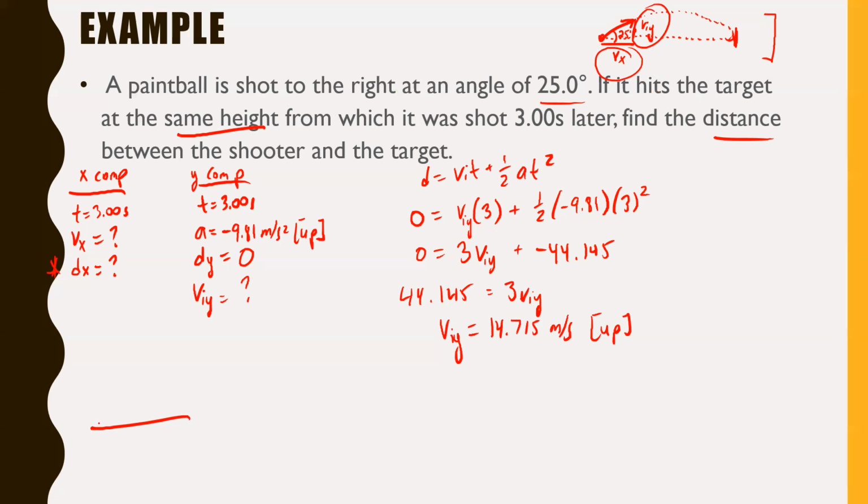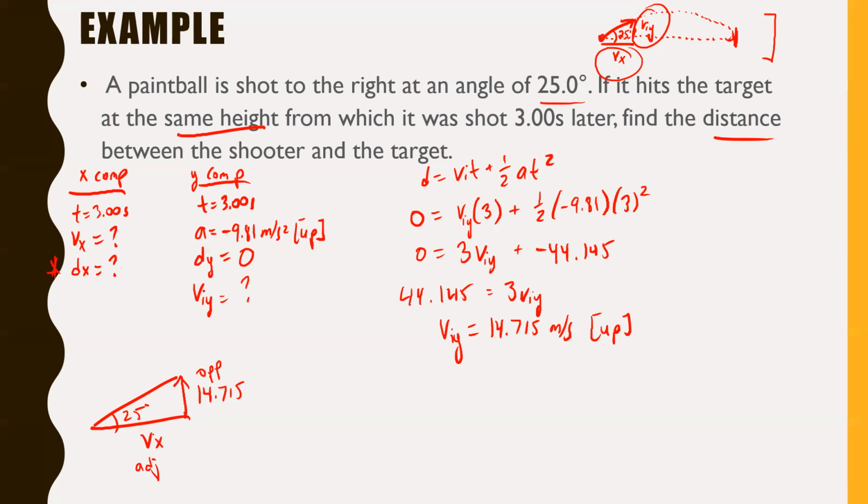If I expand that triangle down here so you can see a little better, we know that this is 14.715. We know this is Vx, actually Vx this time. And then this is 25 degrees. Notice this is our opposite side to our 25 degrees, and Vx, which we'd like to have so we can find dx, is our adjacent side.